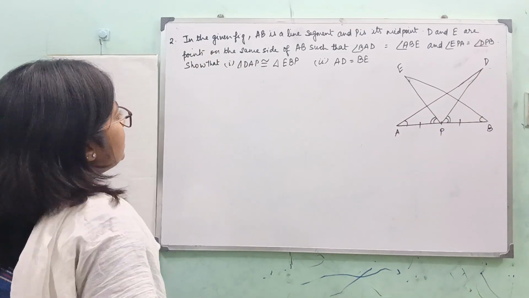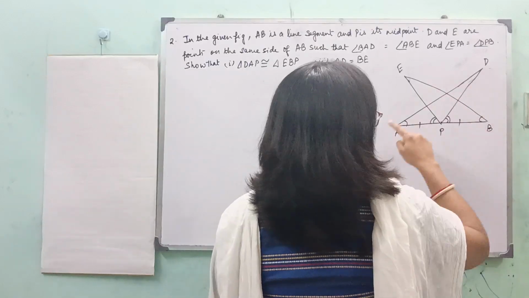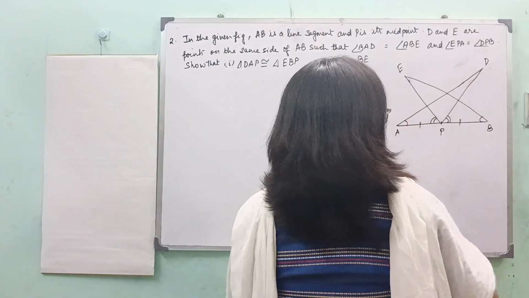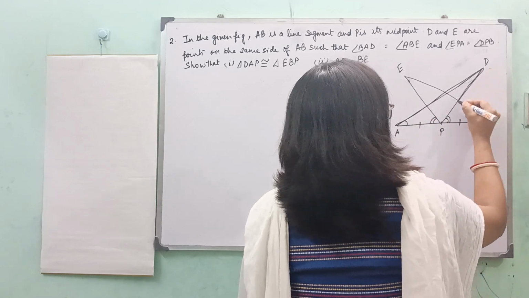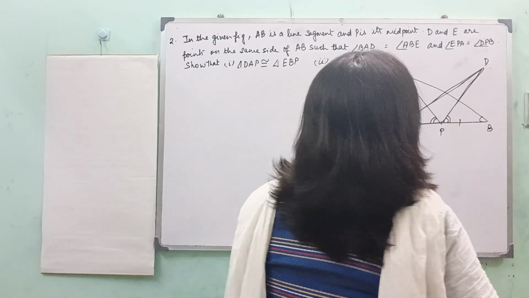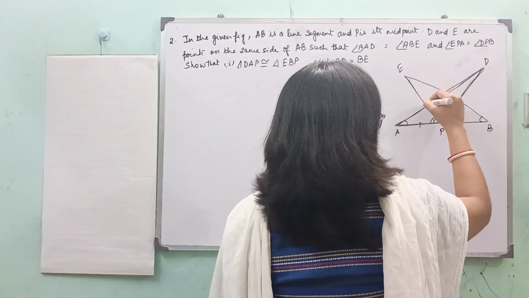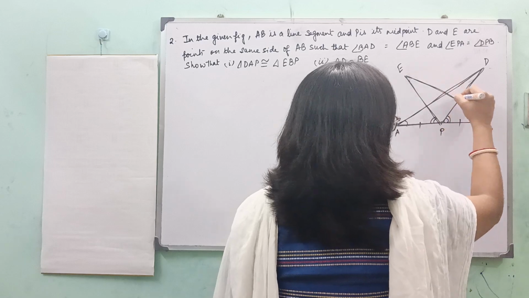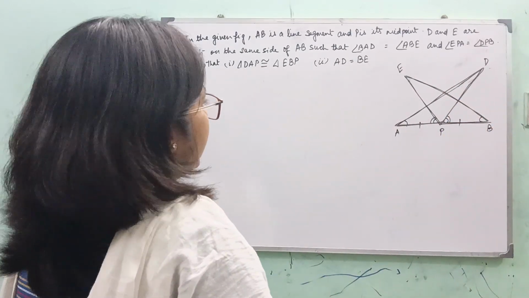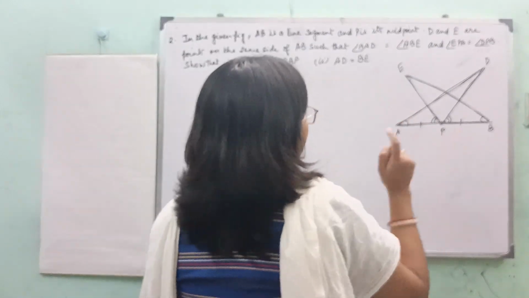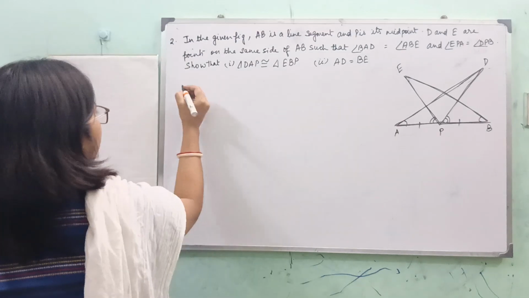So we have to show that triangle DAP, I'll darken the triangle, this triangle is congruent to EBP. Okay. These two triangles. So triangle DAP is congruent to triangle EBP. Fine. So we'll start with that only.